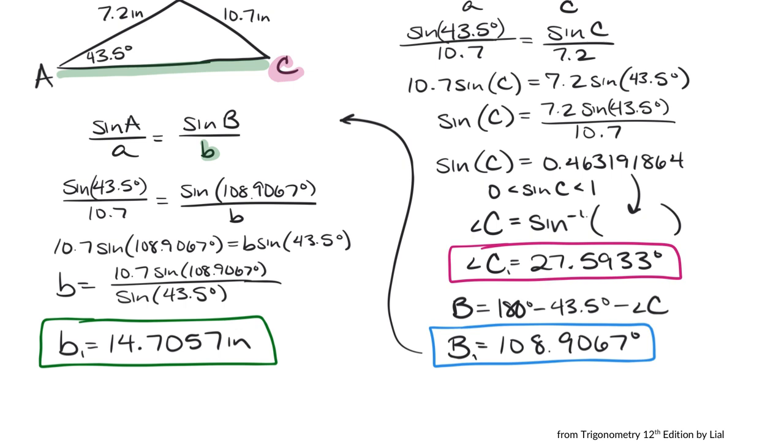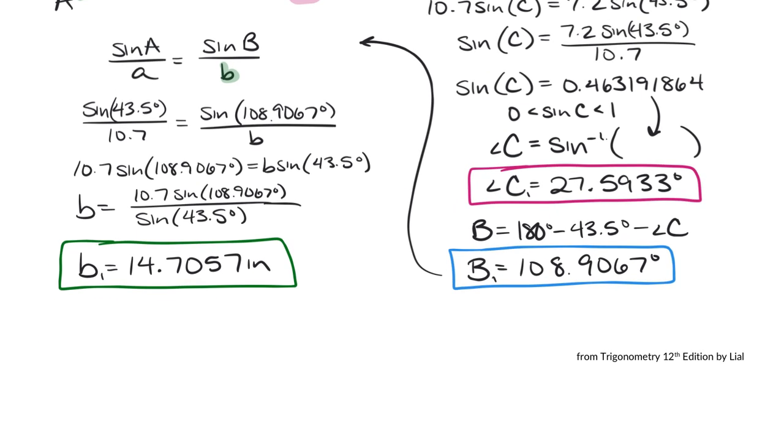We potentially have to go back through and find a second triangle. When do we have to do that? That's a great question. Here's us checking for the second triangle. Angle C2, and we found C1 first. So C2 will be 180 degrees minus C1, which for us, 180 minus the 27.5933 is 152.4067 degrees.